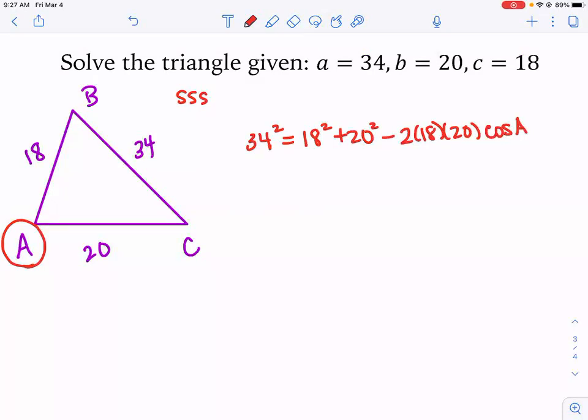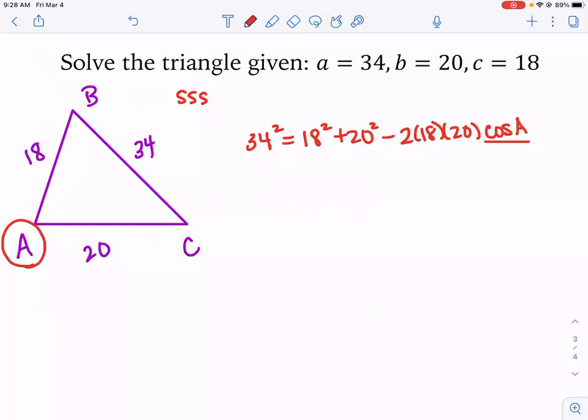Now, here, please do not work ahead of me. I do not want you to do the incorrect order of operations, okay? We need to isolate cosine of A so that in our calculator, we can take inverse cosine. So, can I combine all of this right here?